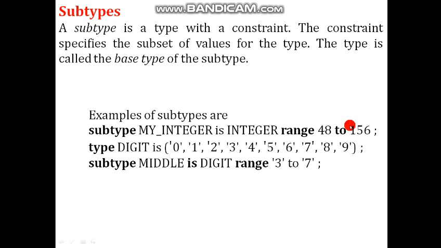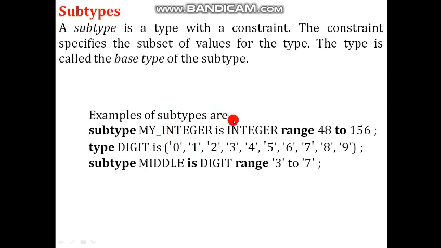Here we write an example: subtype my_integer is integer range 48 to 156, and type digit is 0, 1, 2, 3, 4, 5, 6, 7, 8, 9. Now subtype middle is digit range 3 to 7. In this first example, my_integer is a subtype of integer.